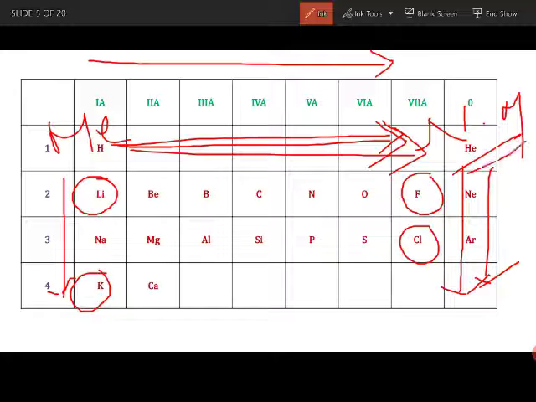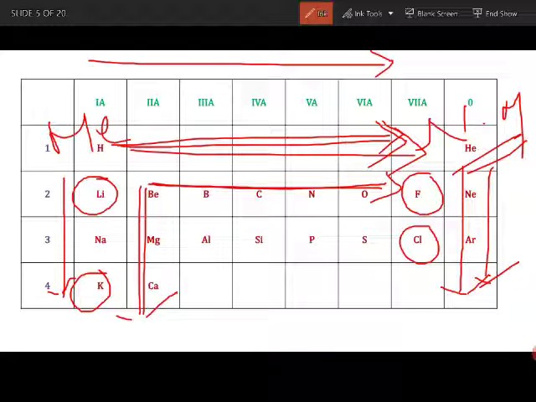The non-metallic character will decrease. Is that clear? So metallic and non-metallic character can be studied simultaneously in this way. Left to right metallic character decreases, top to bottom increases. Left to right non-metallic character increases, top to bottom decreases. They are just the opposite. It's very very simple.